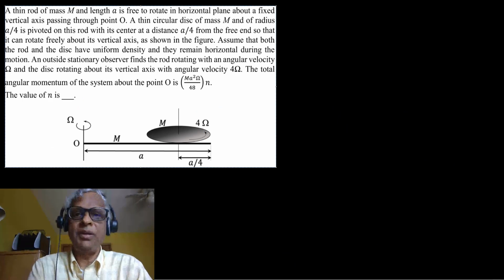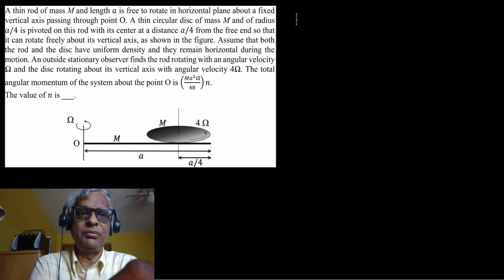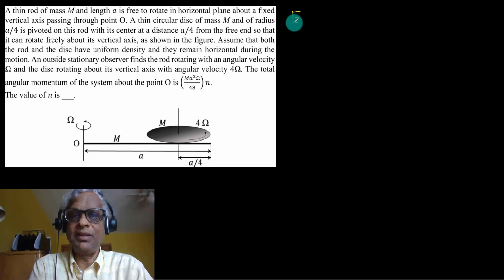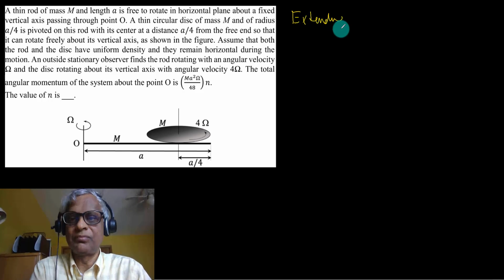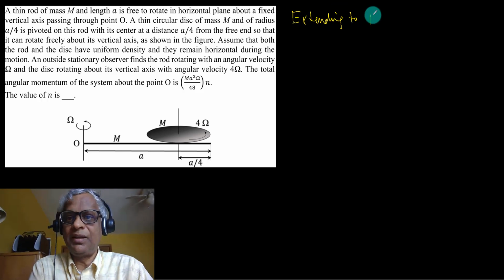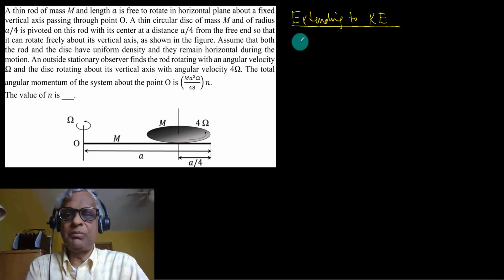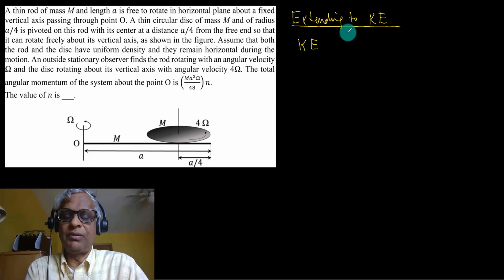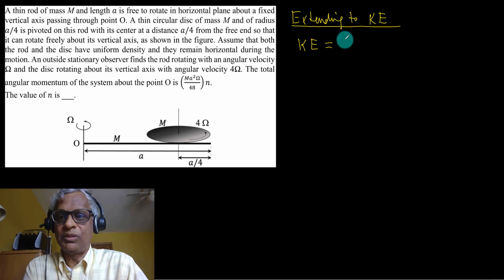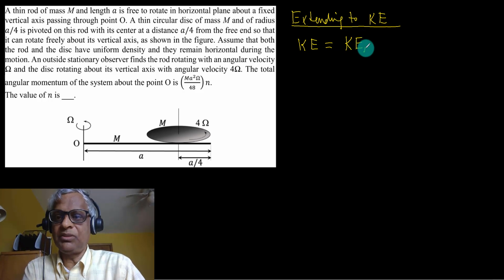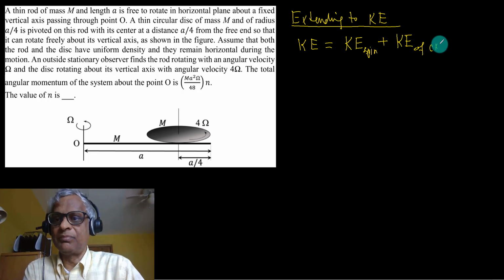Okay, so let's do kinetic energy. This is the extension. We're extending to kinetic energy. Well, just like angular momentum, kinetic energy is also the kinetic energy of pure rotation, like a spin motion, plus kinetic energy of cm.